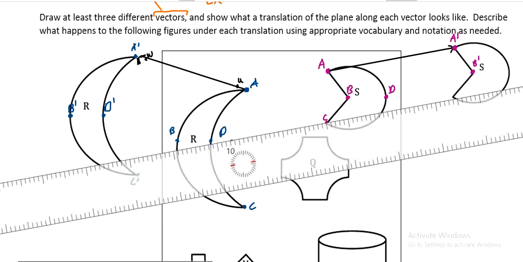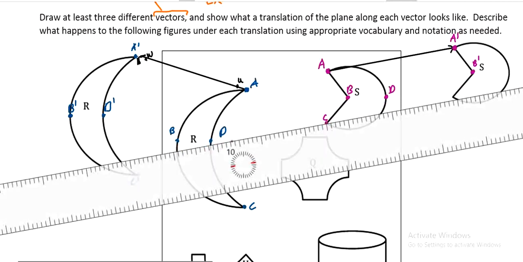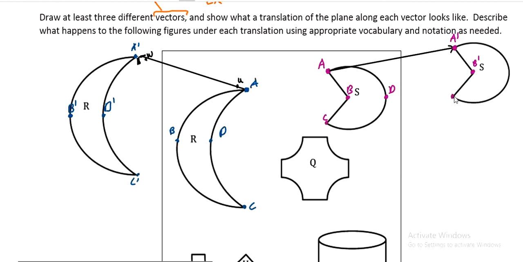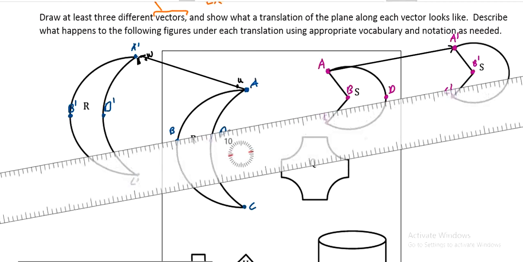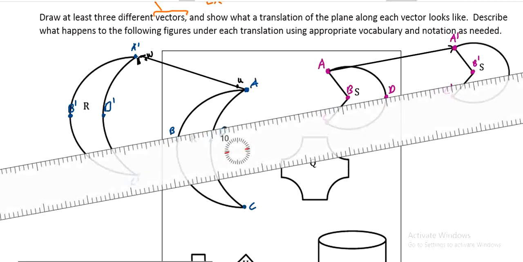C, 10, 20, 25, 29. And D. D is right there. There we have it. 10, 20. Now 29 is right here.